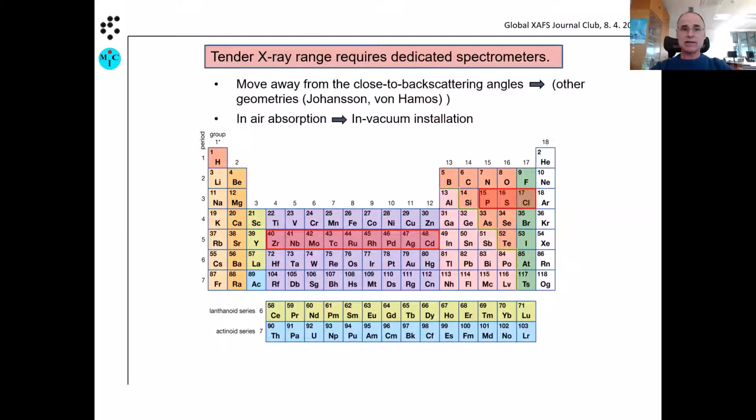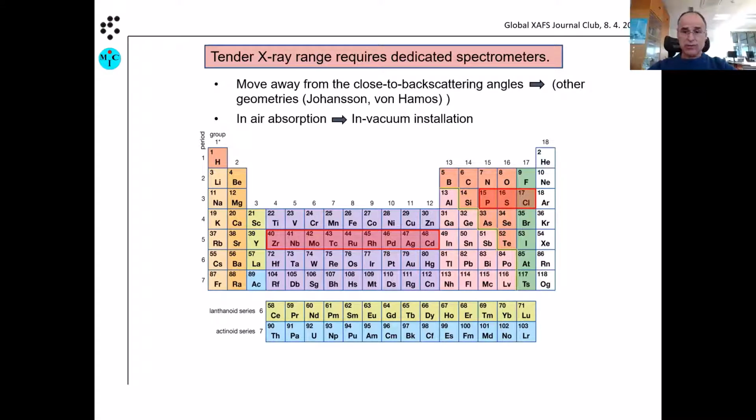And it covers these elements, which I have pointed out here. In our case, we were mostly measuring phosphorus, sulfur, and chlorine, and sulfur by far was the element we have measured most frequently, and also 4d transition elements. The L edges of these 4d elements are also within this tender range. So we have done some work on molybdenum and ruthenium.